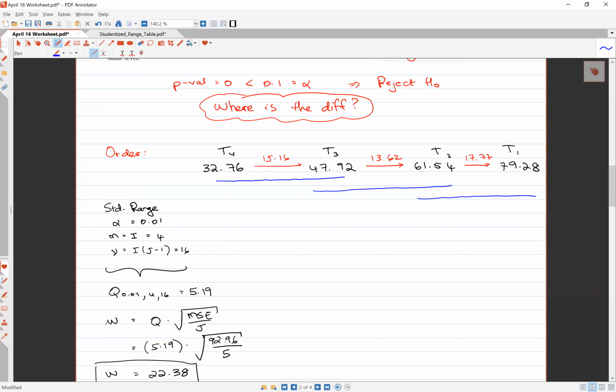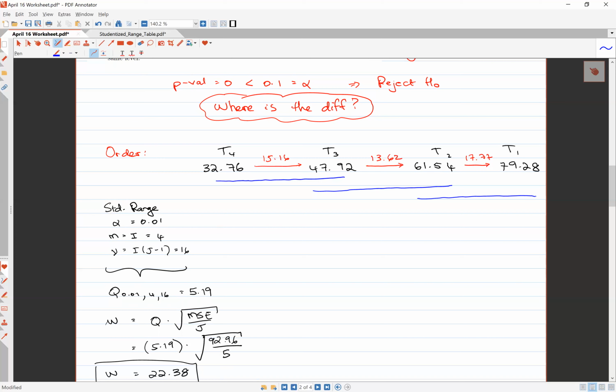So this is where the interpretation can get a little interesting, right? We don't see a difference between treatments 3 and 4, for example, but we do see a difference between treatments 2 and 4. So the post hoc procedure here, or this multiple comparison, can sometimes be difficult to interpret because we get seemingly contradictory results.